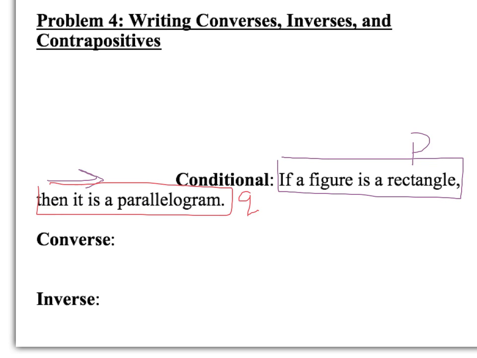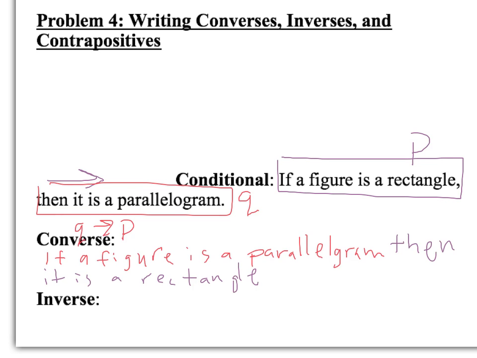All rectangles are parallelograms. So in my converse, it's putting Q before P. So it would say if a figure is a parallelogram, that's my Q, then it is a rectangle. This has a false truth statement because not all parallelograms are rectangles.